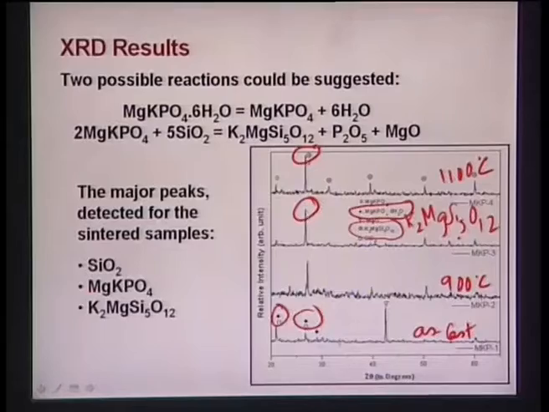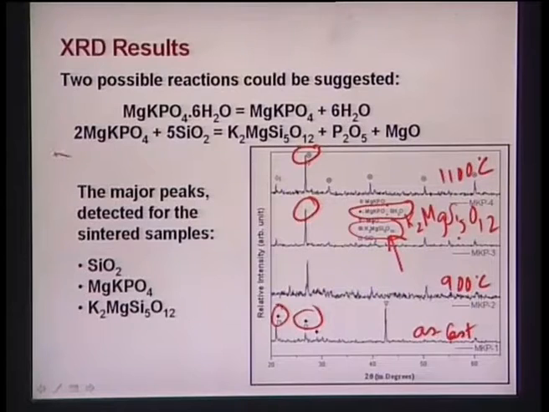And then what you see is that the MgKPO4·6H2O peaks have disappeared when you are sintering at higher temperature, and the large silicate peaks, K2MgSi5O12, have been formed. So, that shows that MgKPO4 must have reacted with the silica, which is present in large amount in the starting powder mix, to form this particular silicate phase.